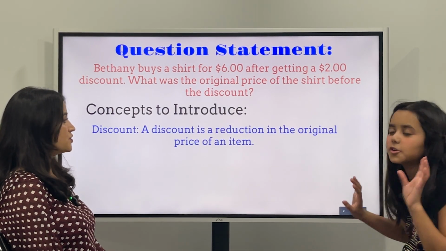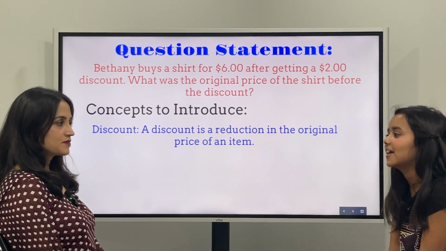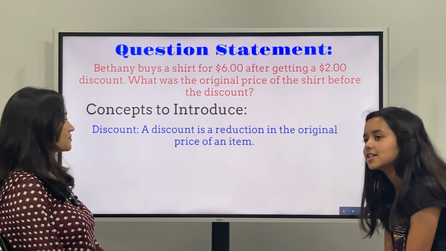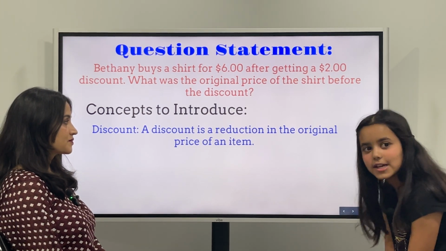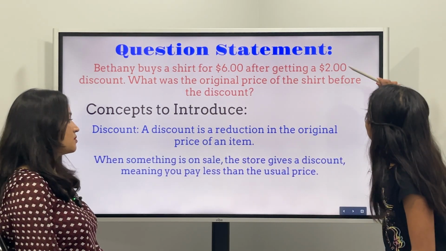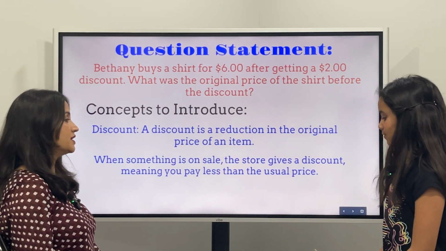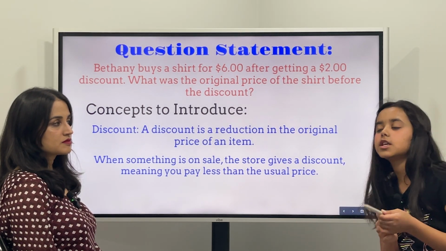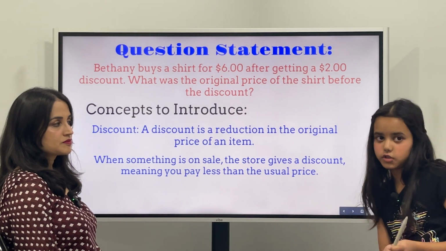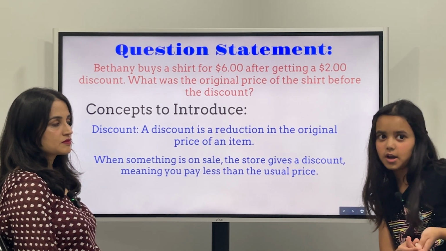First, the concept. Let's introduce what a discount is. A discount is a reduction in the original price of an item. When something is on sale, the store gives a discount, meaning you pay less than the usual price. So if this one was a $4 discount, that means it is $12 now, because $8 plus $4 discount is $12.